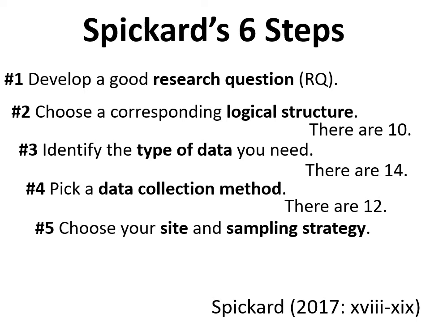So your site is the place that you're interested in, and you're interested in it because it has the things that you need to measure or interview or survey or somehow count or otherwise interact with to make sense of, to collect data to answer your research question. And then you want to pick a sampling strategy. So you might decide, is this a random sample?